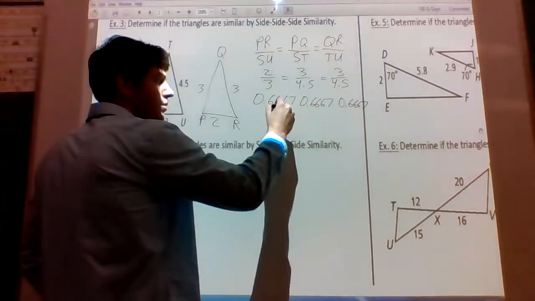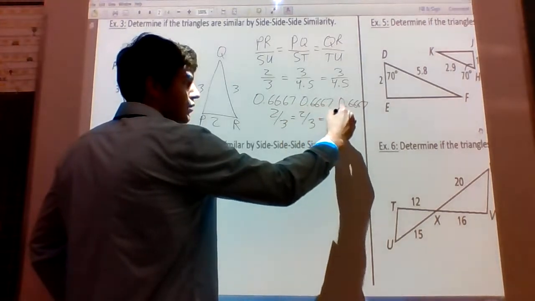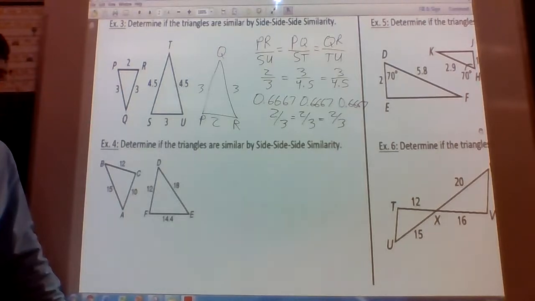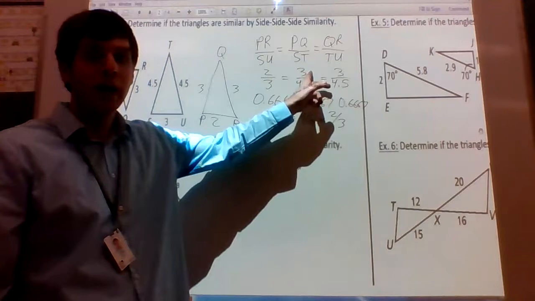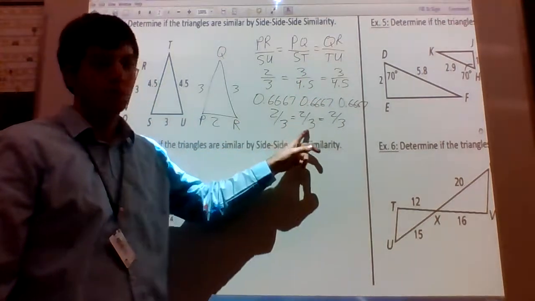Those are all equal to 2/3. It doesn't matter if you have it as a decimal or a fraction, but this reduces to 2 over 3. If we divide the top and the bottom by 1.5 each, we get 2 over 3.